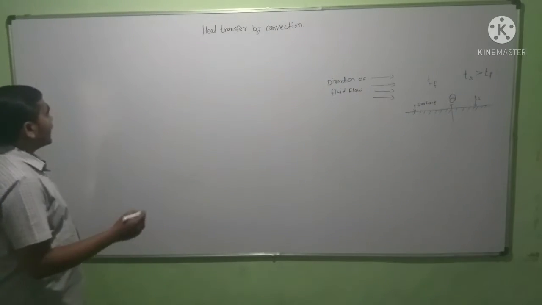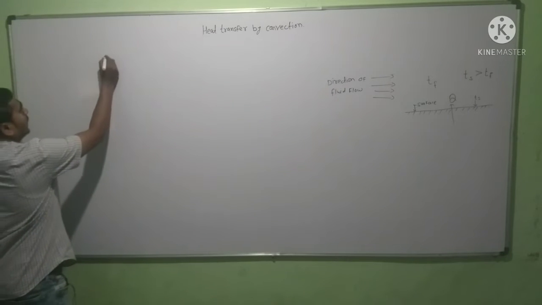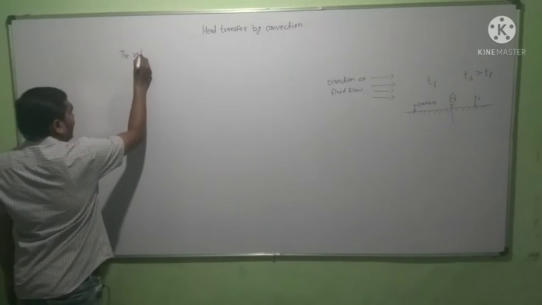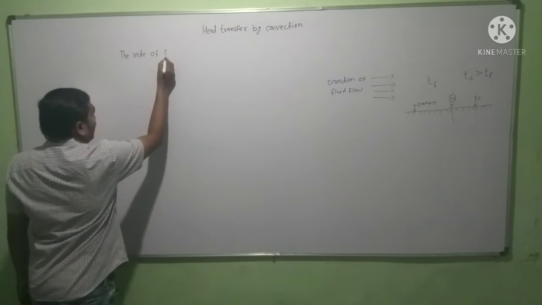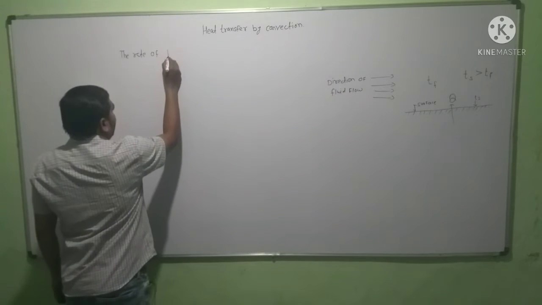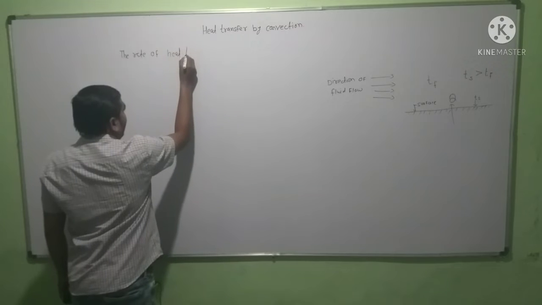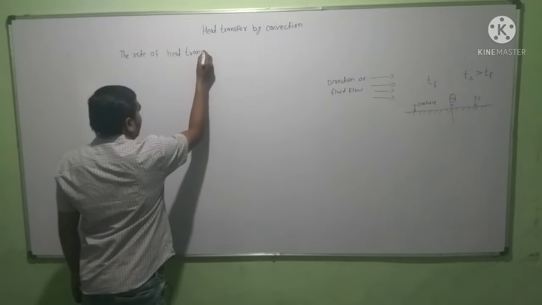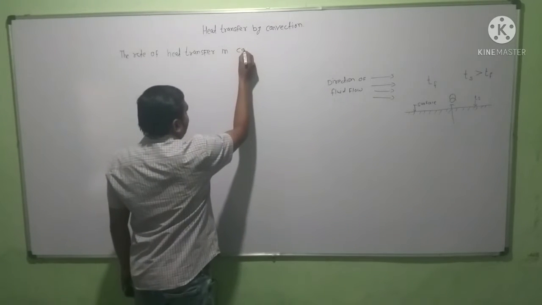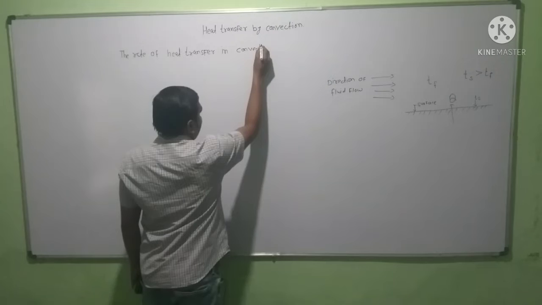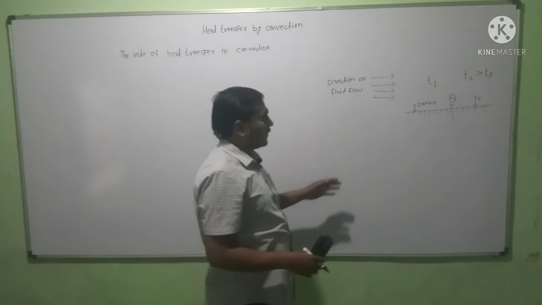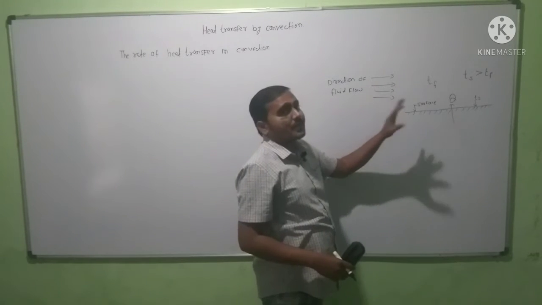Hence we can write here the rate of heat transfer in convection means the rate of heat transfer between this fluid and this adjacent surface.